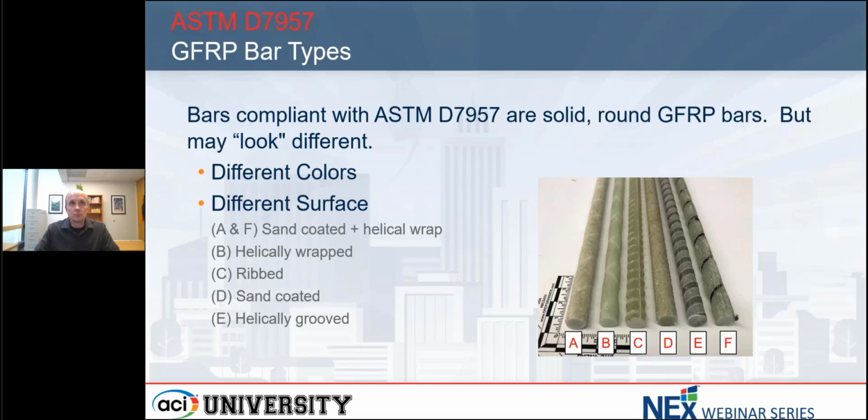It is important to know that even though the material spec is fairly specific, you might see bars that look a little bit different. So in the photo there, you see a couple of different varieties of FRP bar. All of these bars would meet the ASTM spec, but they do look a little bit different based on their surface treatment and maybe based on their color.